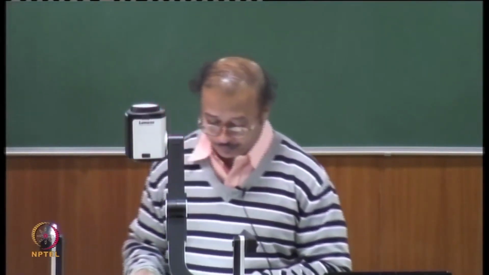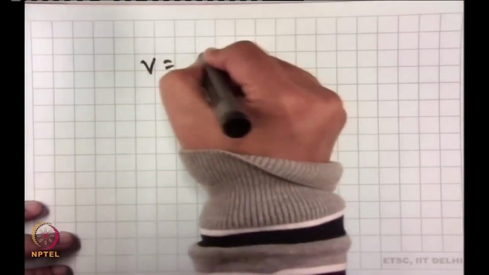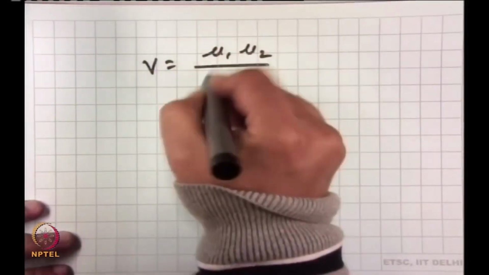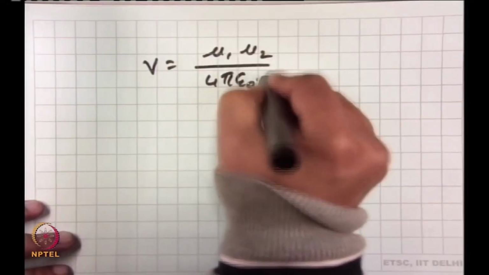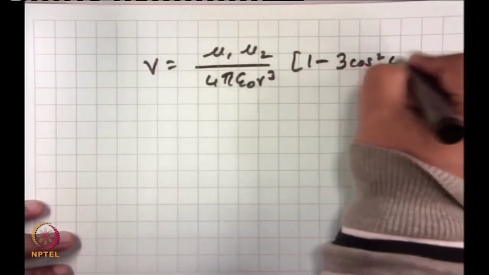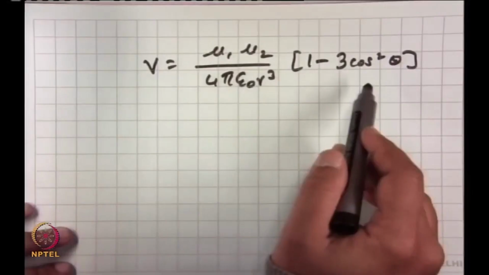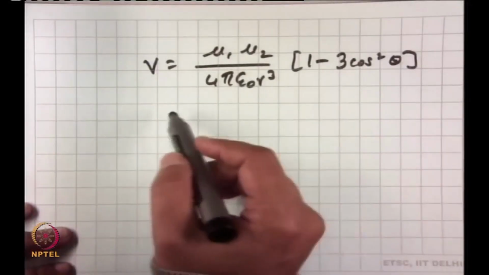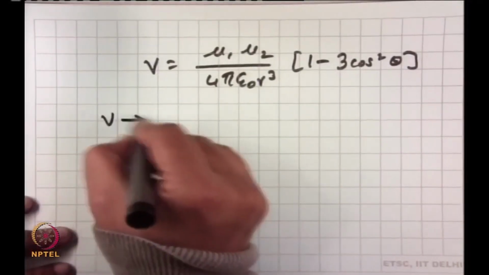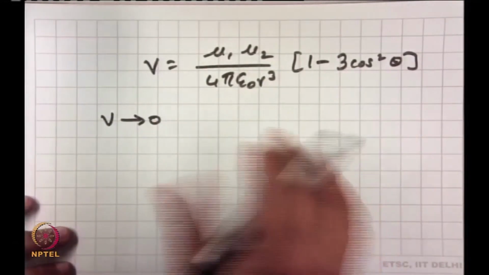So let us move on now. Consider this situation where V is equal to mu1 mu2, which we just derived, over 4 pi epsilon 0 r cubed times 1 minus 3 cosine squared theta. Now just looking at this, if V tends to 0, what can I say about this? Can you tell me? Any factor I can say tends to 0?